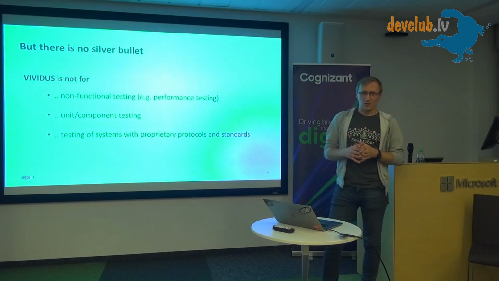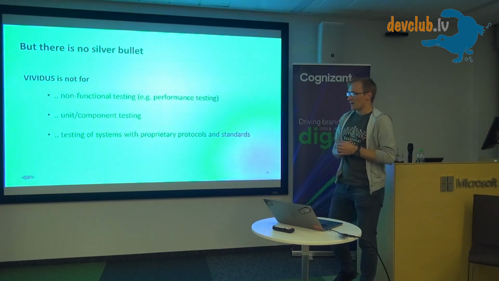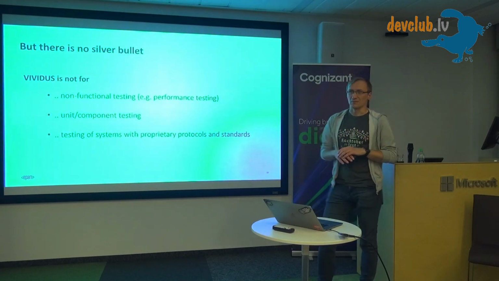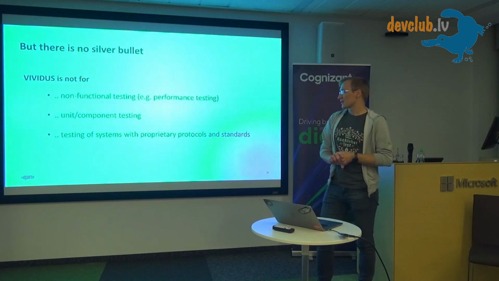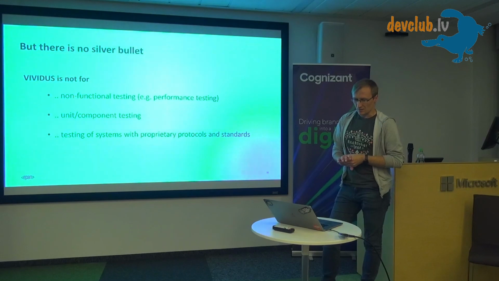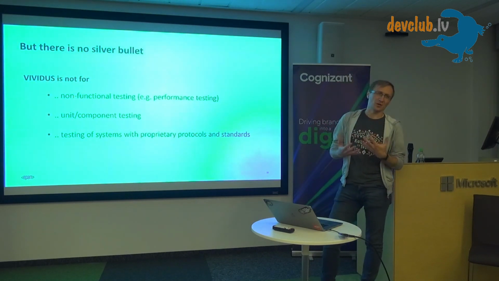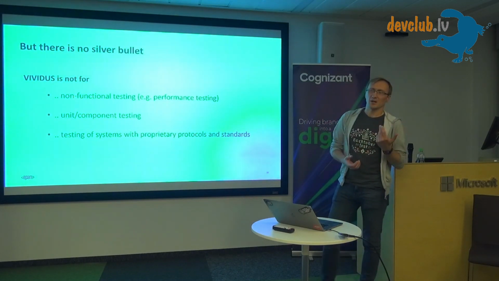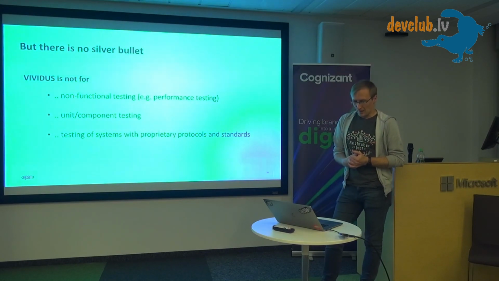Also, if the system that you are developing has some proprietary protocols, maybe some not so common standards, you need to implement your test automation yourself, because VIVIDUS provides features for the most popular protocols and standards like HTTP, RESTful API, data formats like JSON, XML, and so on.